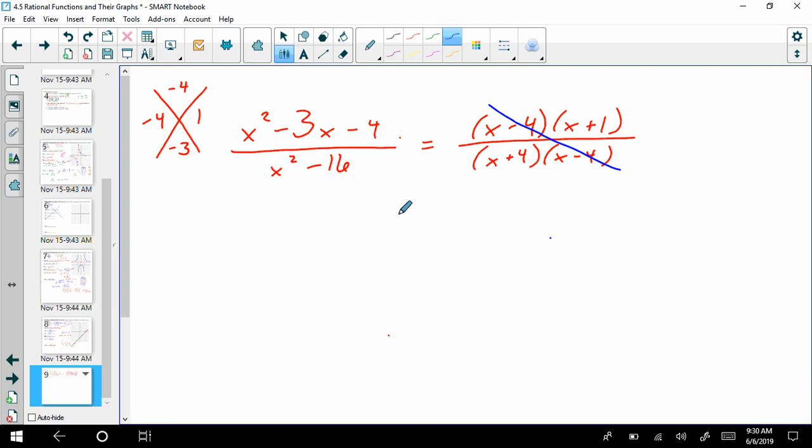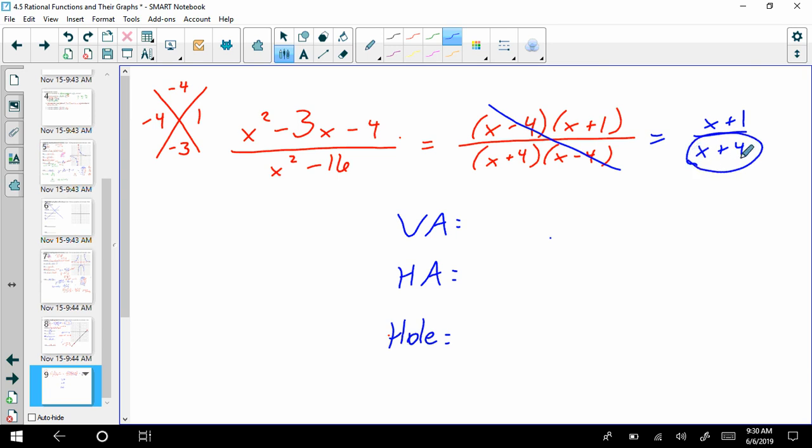So I want to quick go over these characteristics just to make sure we're good. So here's now the simplified form. The vertical asymptote. What would make the bottom 0? Well, I still have something down there.